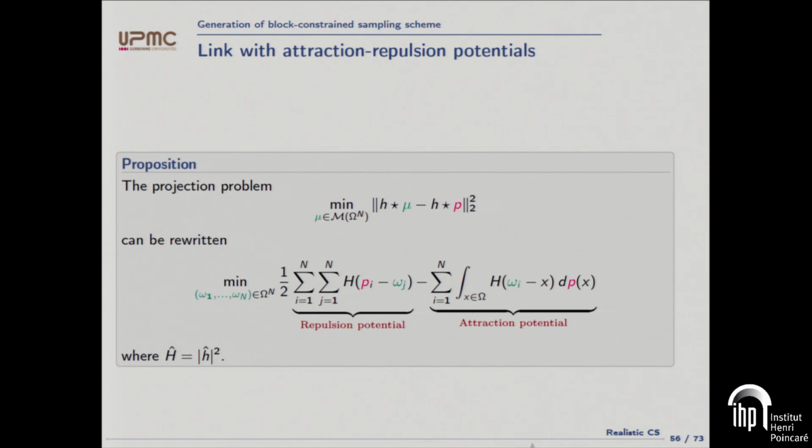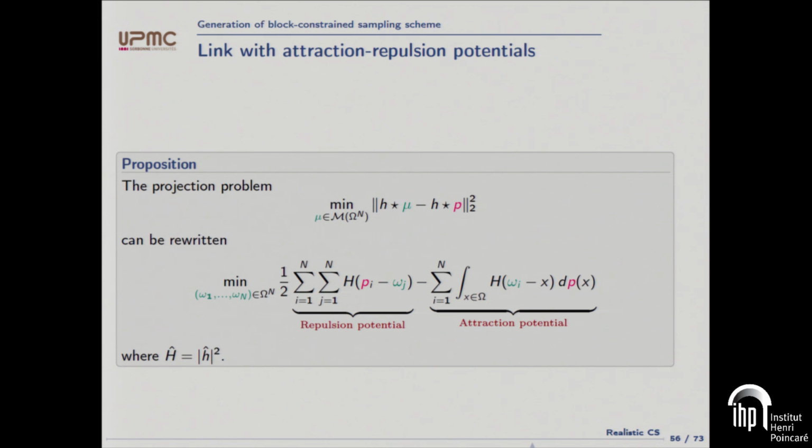This attraction potential is going to ensure that the locations of your Dirac masses are where P, your target density, has high density, so you will look like P.